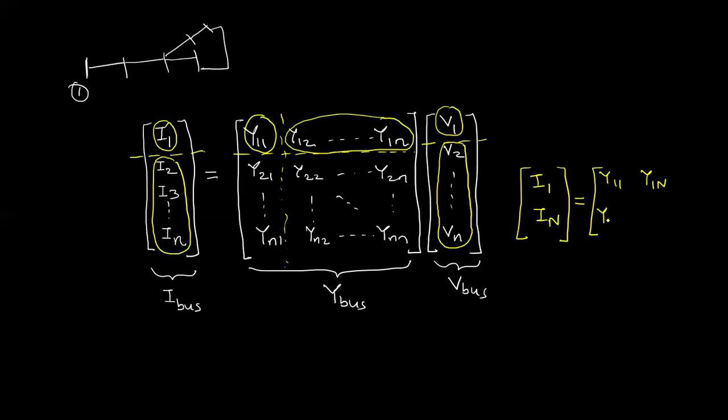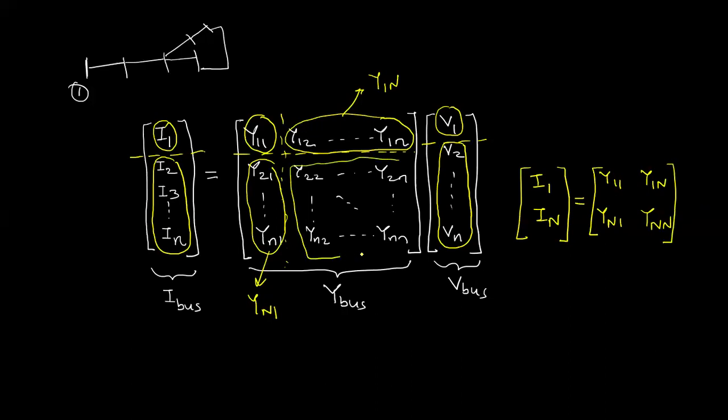Then we have YN1, which is essentially this vector here, that is YN1. This is Y1N, and finally YNN. So YNN is basically this partition, that is YNN.